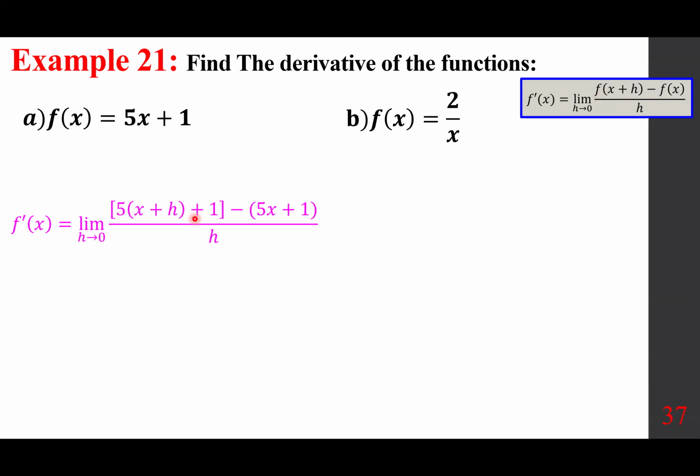Five x plus 5h plus 1 minus 5x minus 1. 5x and minus 5x cancel each other. Positive and negative 1 cancel each other. The numerator is left with 5h only. The limit of 5h over h as h approaches 0, the h drops, and the answer is 5.